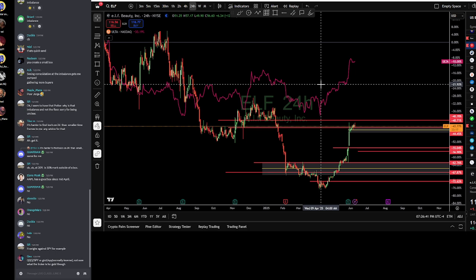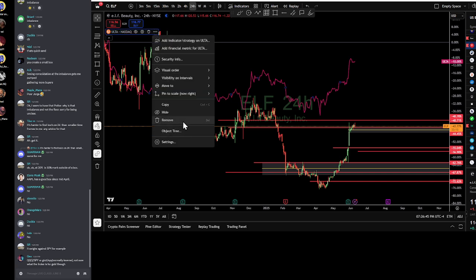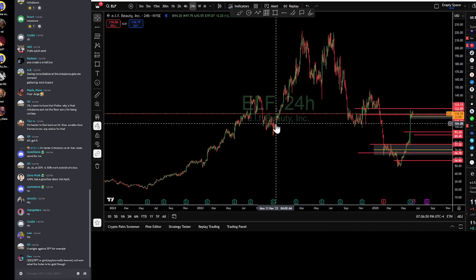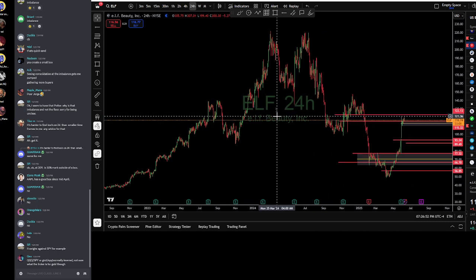I don't use it very often, but it's something I used a lot more. In fact, I think the first time I ever looked at Elf, I overlaid Alta on it. Like QQQ and SPY. Overlaying SPY on a single stock isn't really going to show me much of anything.